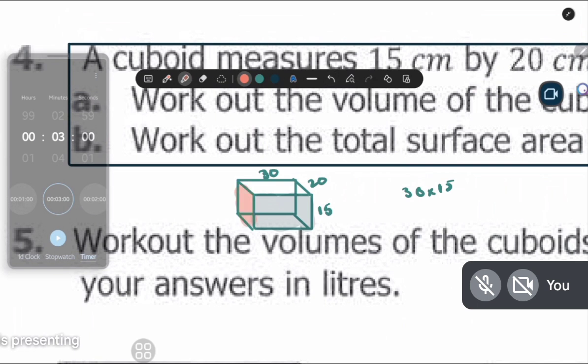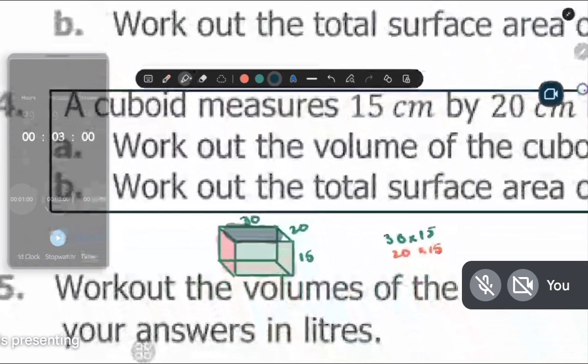So this is 20 by 15. And this is 30 by 20. Now you add all of these and then multiply the answer by 2, and you get how much?